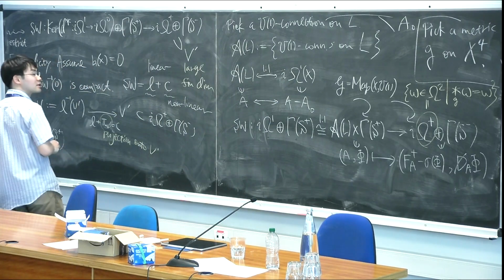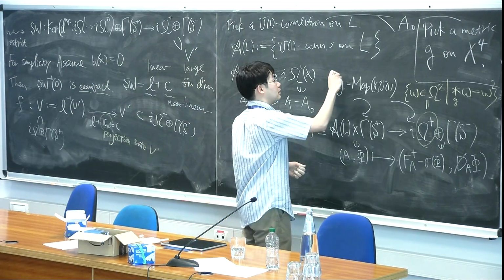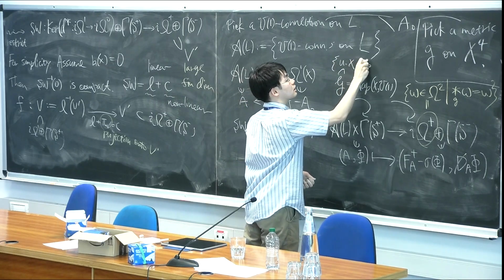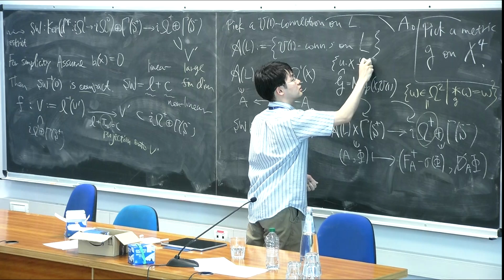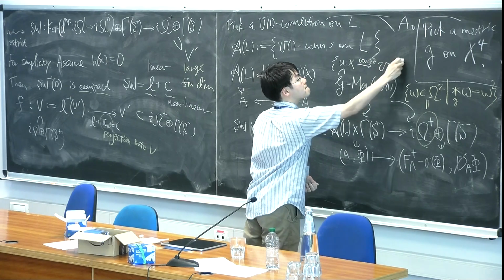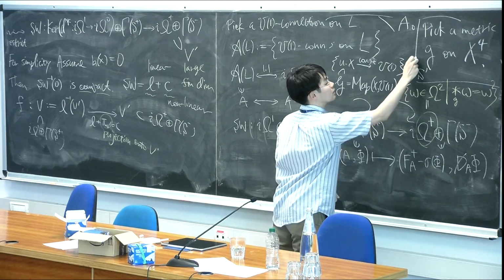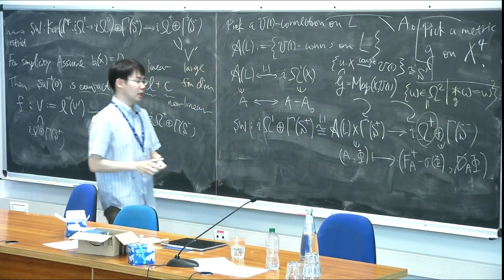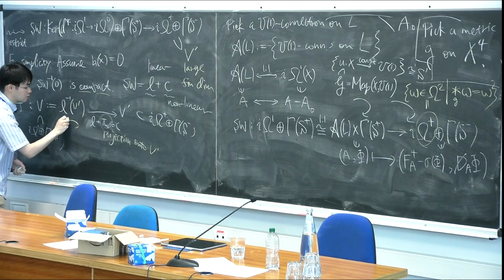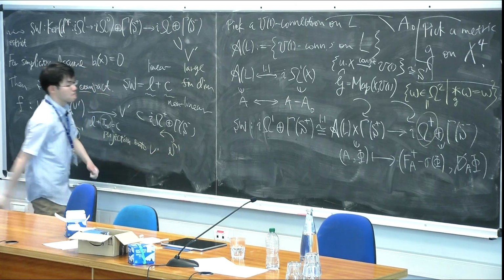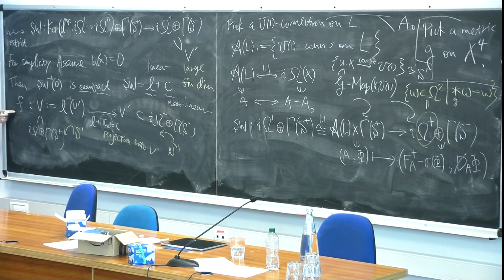Inside of this gauge group, you have constant maps to U1, which of course you can identify with the U1 circle itself. And you have some inherited action of the circle in here. And it turned out that this F is actually equivariant under this circle action.